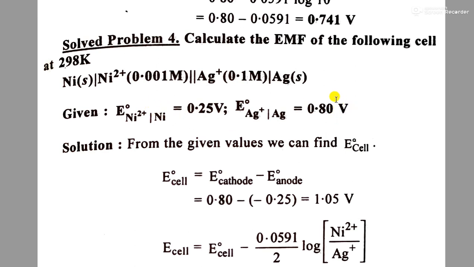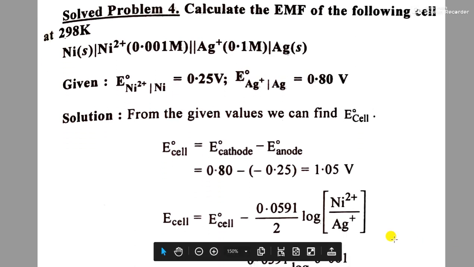These two are the standard reduction potentials which can be directly obtained from the electrochemical series. So from these data you are asked to calculate the EMF of the following cell. For finding the EMF, you can directly take the Nernst equation shown here, because it is given as 298 Kelvin. So the temperature will be 298 only.